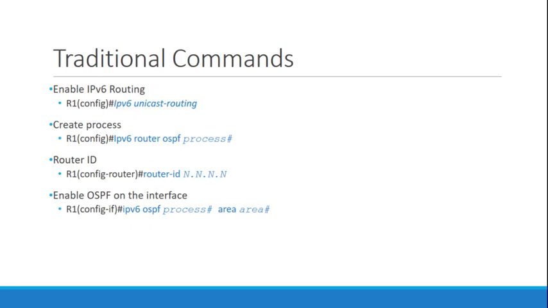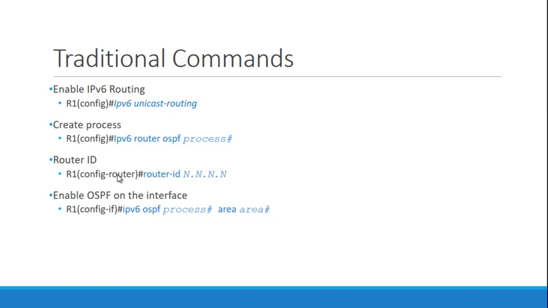So first, let's look at our traditional commands for configuring OSPF for IPv6. We first have to enable IPv6 routing using the ipv6 unicast-routing command. Then we'll create the OSPF process using ipv6 router ospf and a process ID. We need to configure the router ID in our instance for sure.